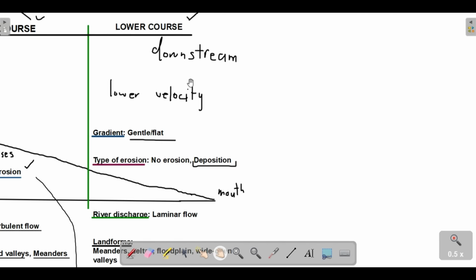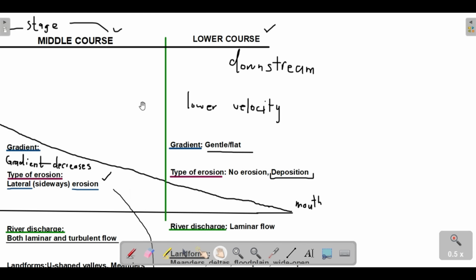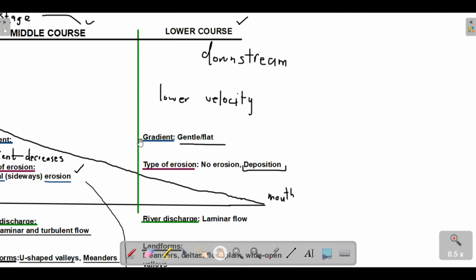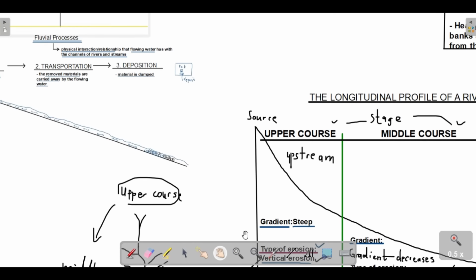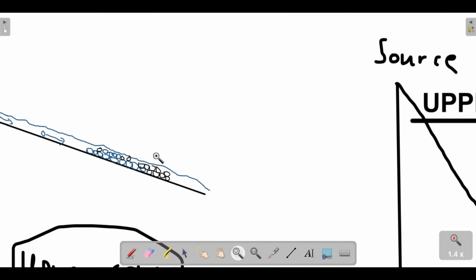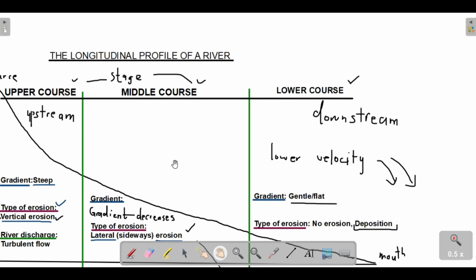Okay, so now it's going to drop or dump this material that it had removed from the rocks, from the riverbed, the soil, and so on and so on. And because now it lost energy, it is going to drop that material. Okay, so that's what we see here. We see deposition here in the lower course because of the loss of energy.